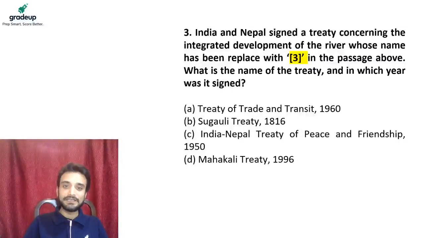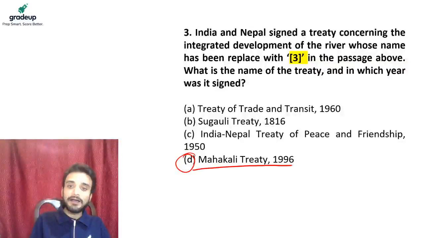People are saying B, Sagauli Treaty 1861. A lot of people are saying C, India-Nepal Treaty of Peace and Friendship 1950. What is the correct answer? The correct answer, friends, is option D, Mahakali Treaty 1996.